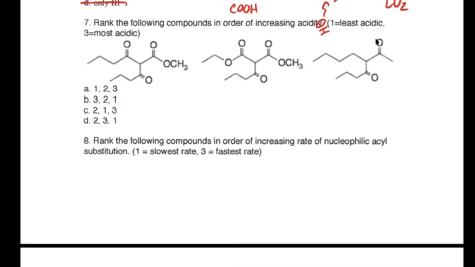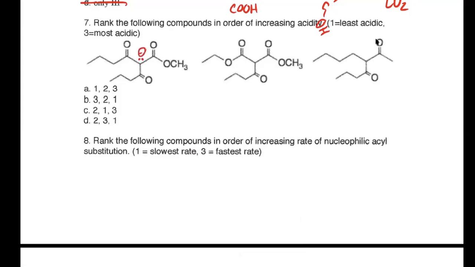But as the name tells you, a carboxylic acid is definitely more acidic. So when comparing between these 3, we want to locate the most acidic proton on each one. Let's pick it out for the first one. Where do you think it's going to be? It's going to be right there in between all the carbonyls, because the conjugate base is going to be stabilized via resonance.